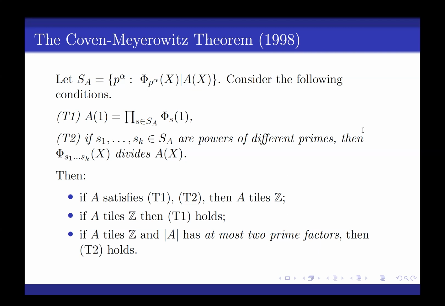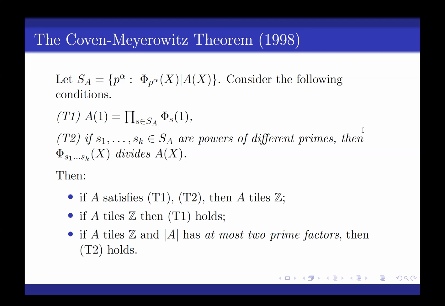Let me say a few words about Coven and Meyerowitz's approach and why it simply does not work for more than 2 prime factors. They used the fact that when A has at most 2 prime factors and it tiles the integers, it's going to tile also a group Zm where M also has at most 2 prime factors.